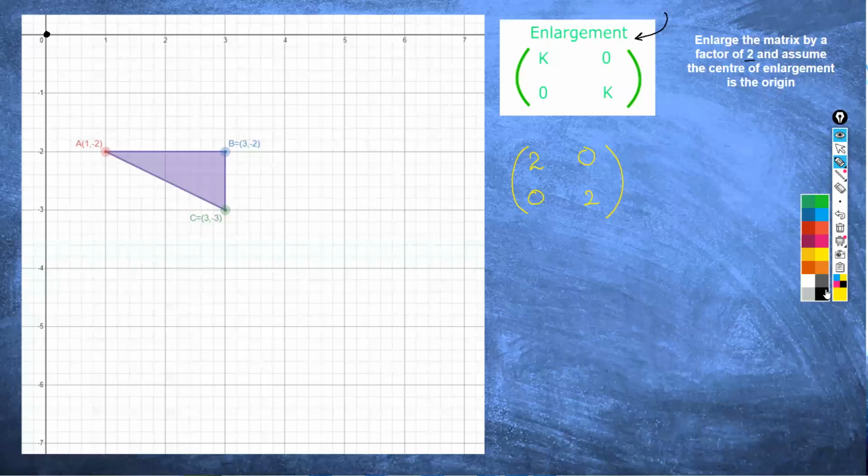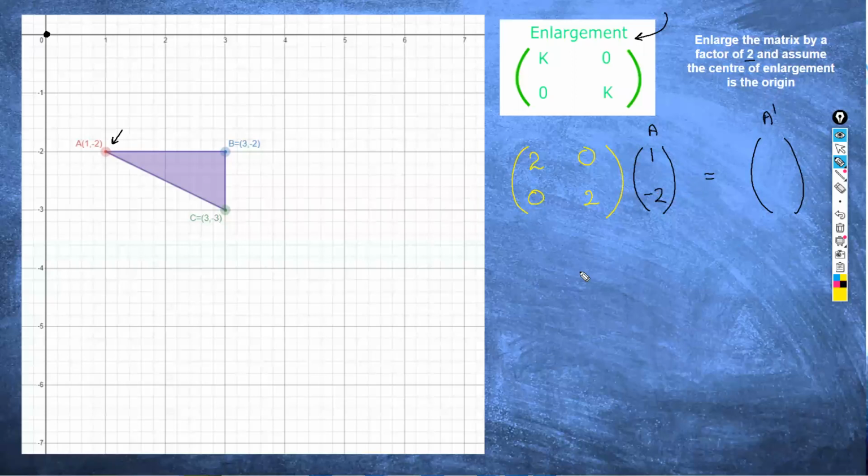You are going to visit each point one by one, like point A. How much is point A? A is 1, minus 2. Remember, you have to write it vertical. The x goes on top, the y goes underneath. Take this yellow matrix and multiply it by point A and tell me what you get. All right, this is the one where the minus 2 swings up to the top.